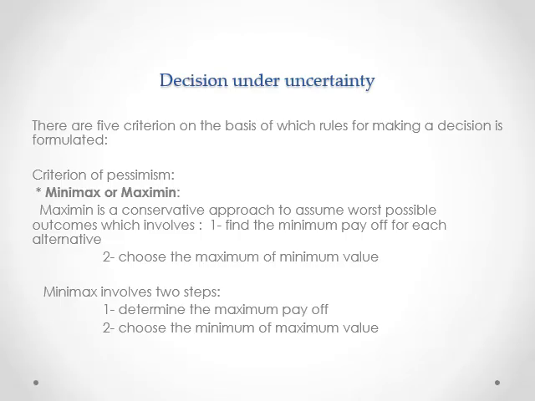So let's introduce the criterion of pessimism. Minimax or Maximin. Maximin is a conservative approach to assume the worst possible outcomes. This approach involves 2 steps.